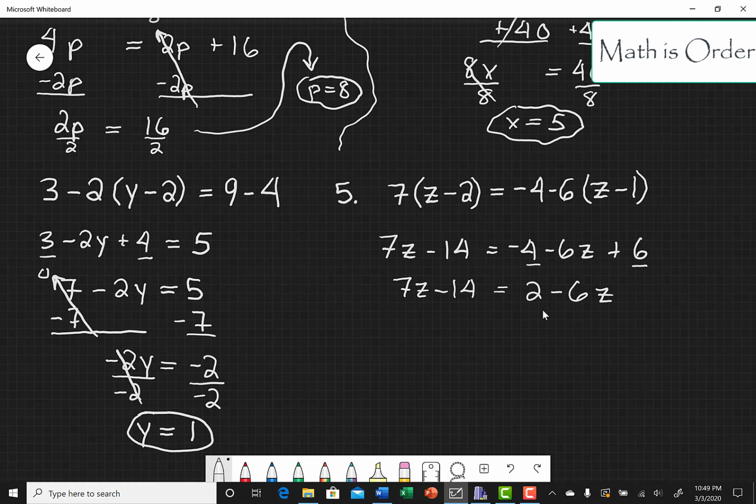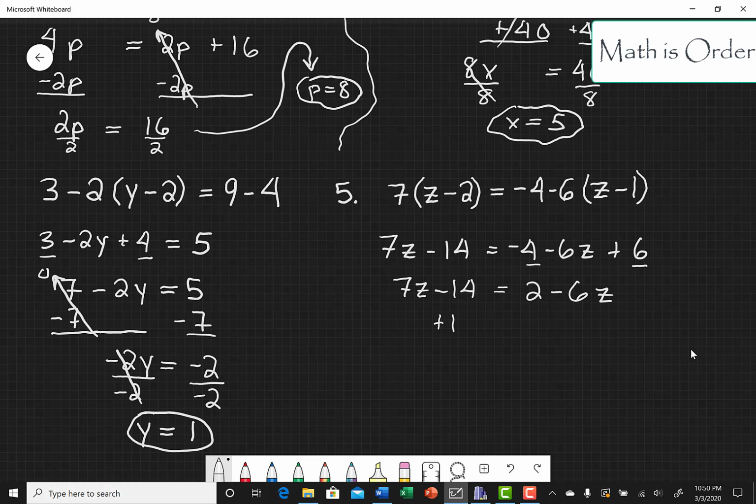All right, now here we want to get the z's on one side of the equal sign and the non-z terms on the opposite side of the equal sign. There's many paths you could take to accomplish this. No matter which path you take, you'll still get to the same place, right? So let's say we want to add 14 on both sides, right?